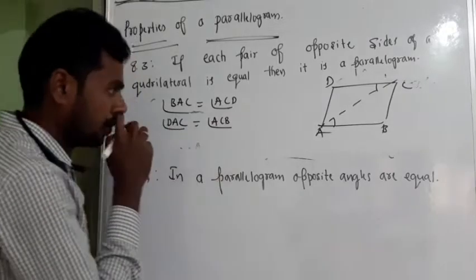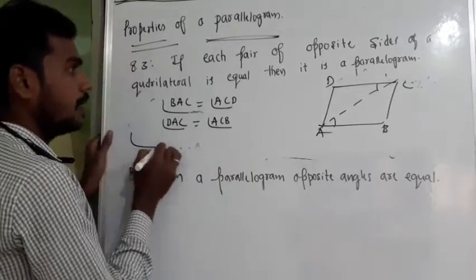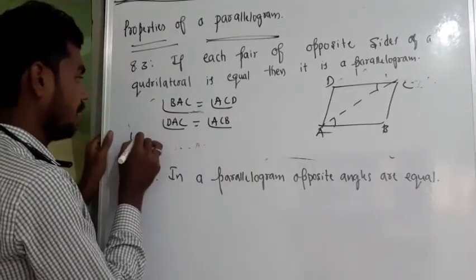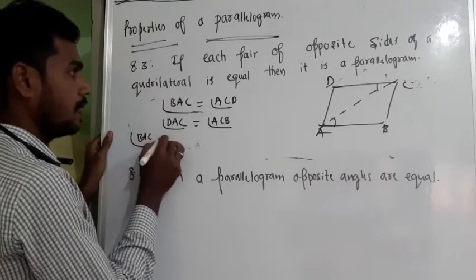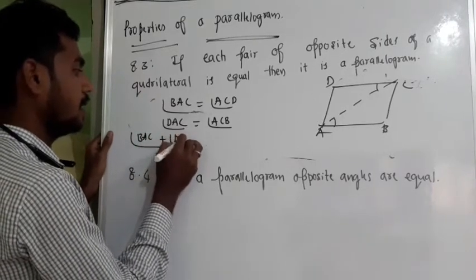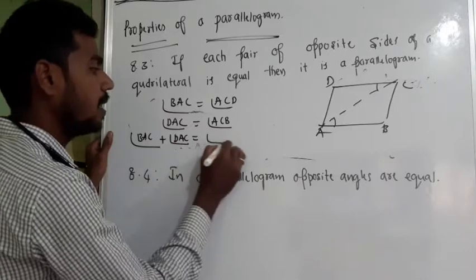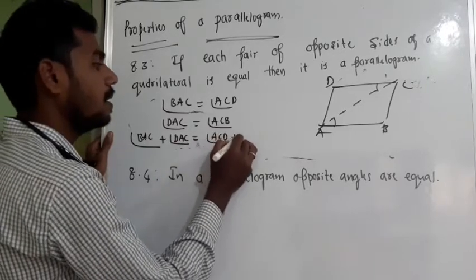Okay, now angle BAC plus angle DAC is equal to angle ACD plus angle ACB.